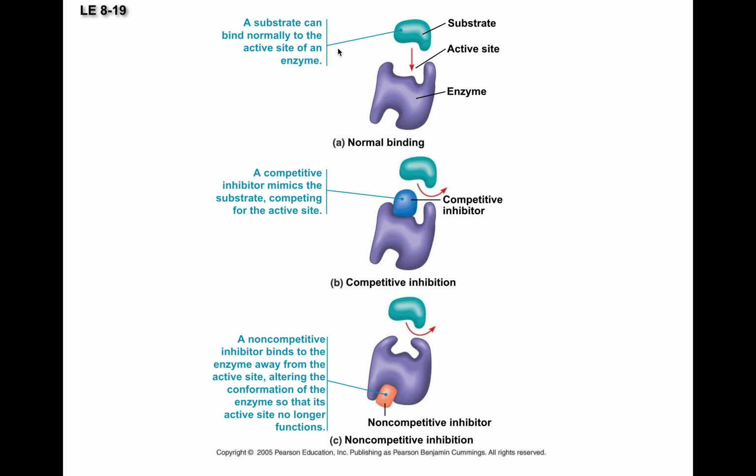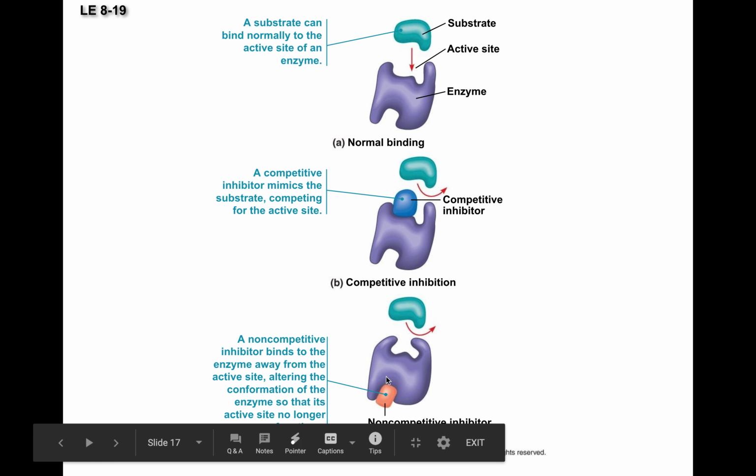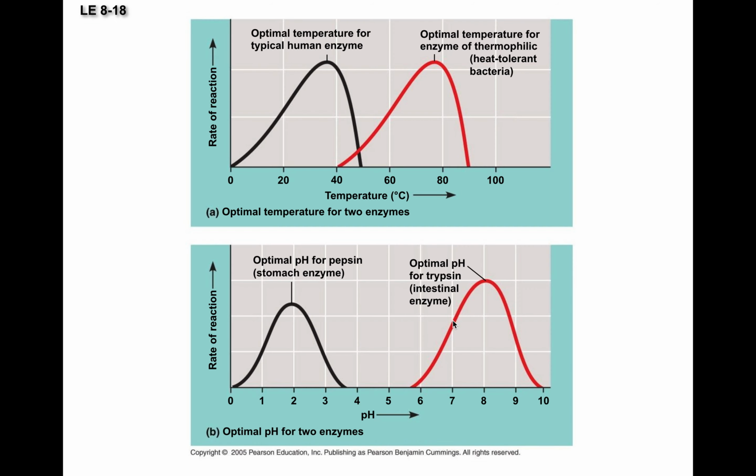So let's look at this. If there is a normal enzyme and a substrate present, it should normally attach and be able to function. However, there are competitive and non-competitive inhibitions. Let me just go back here.